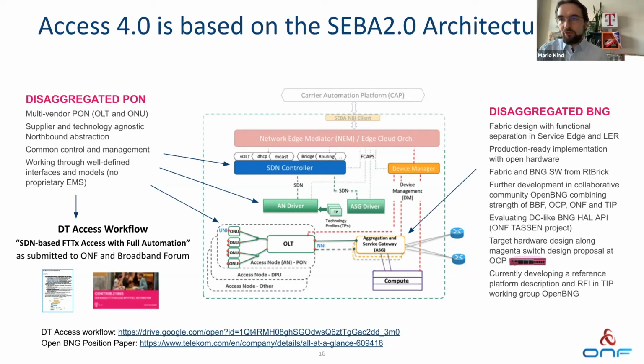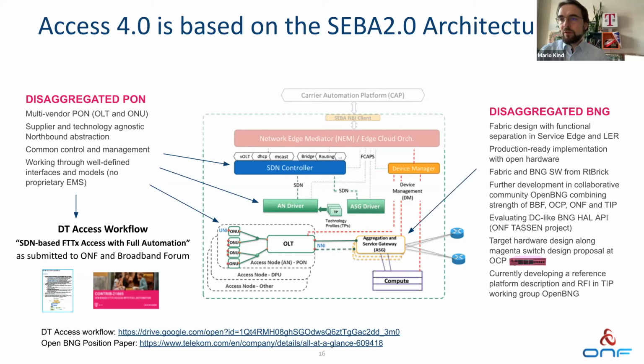As you have seen in the previous slide, we implemented the BNG as a fabric design, inspired by the core architecture from the ONF. We are implementing this with open hardware, and currently we are deploying the software from a company called RtBrick for the fabric itself, but also for the BNG parts.